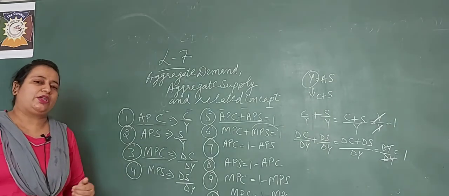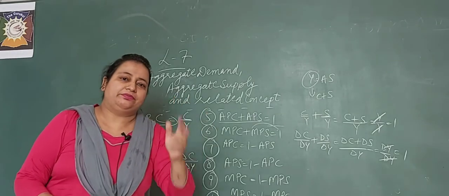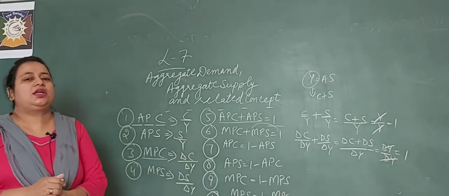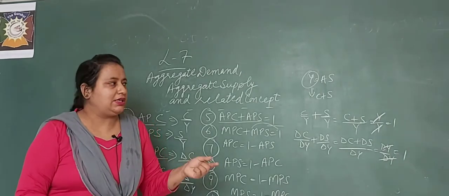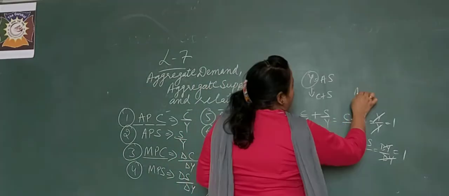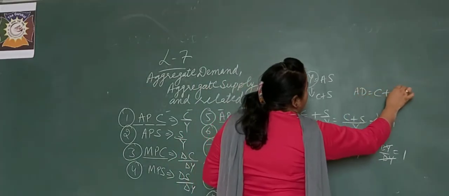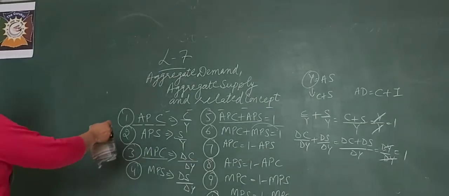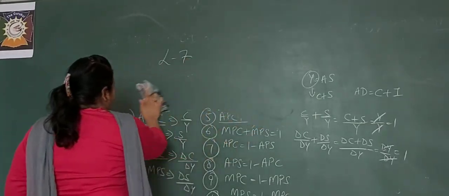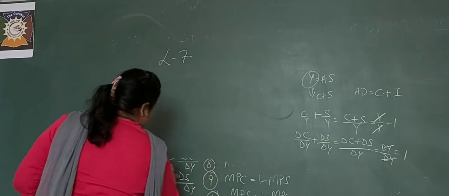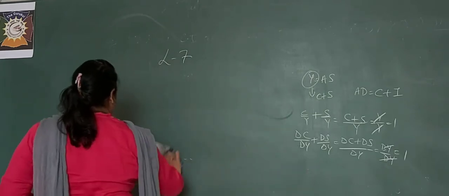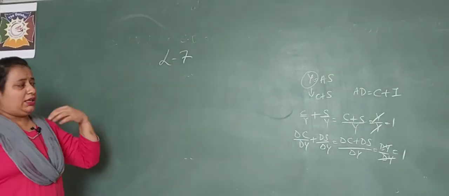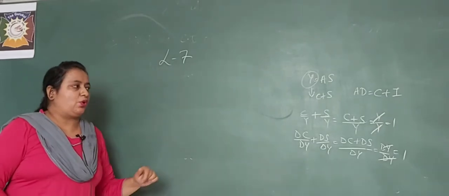And in some places you have to find AD. How will you find it? We know AD is equal to C plus I. I will tell you more by writing this. Investment: in such places, investment will be autonomous.